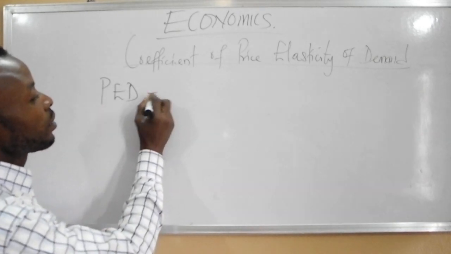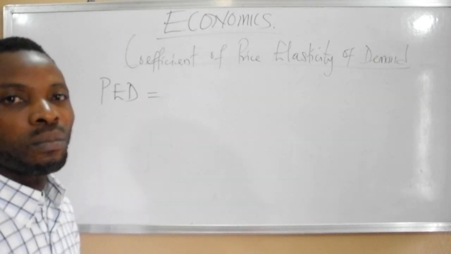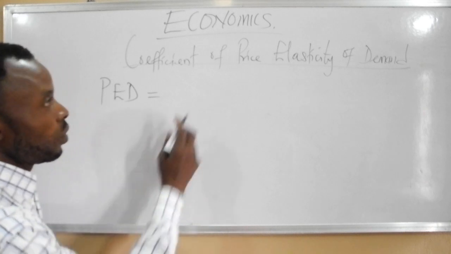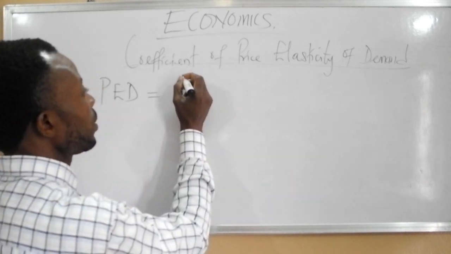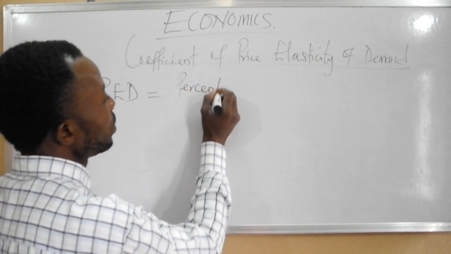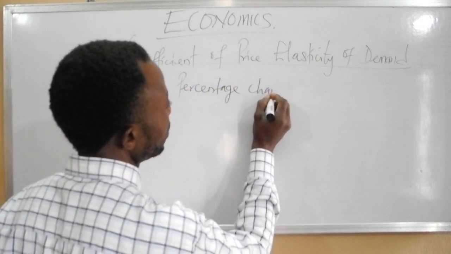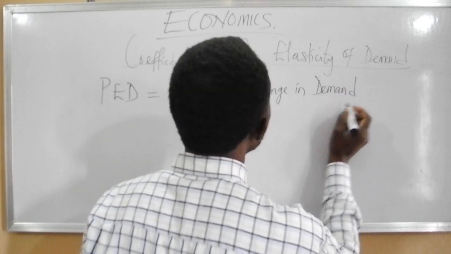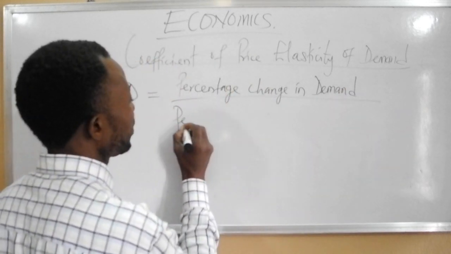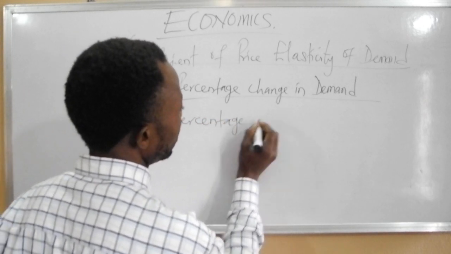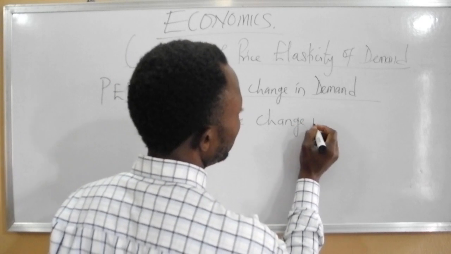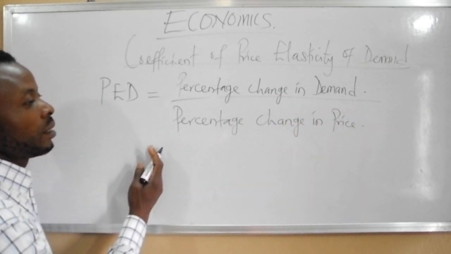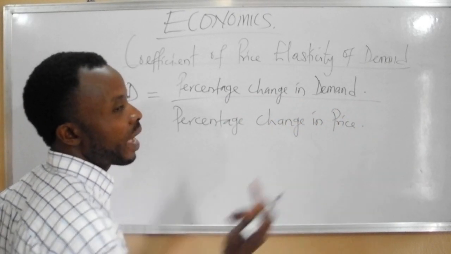To calculate the coefficient of price elasticity of demand, we use this particular formula: percentage change in demand all over percentage change in price.